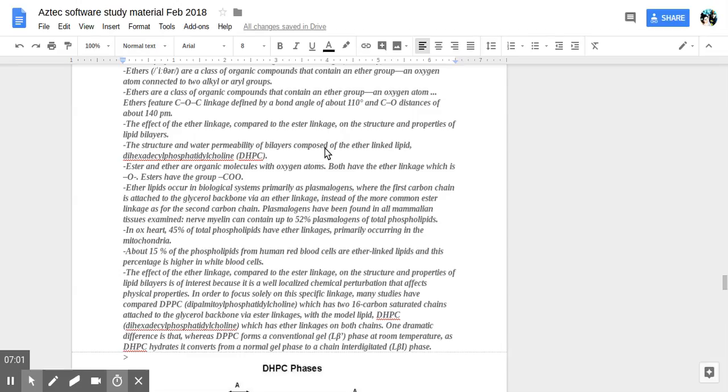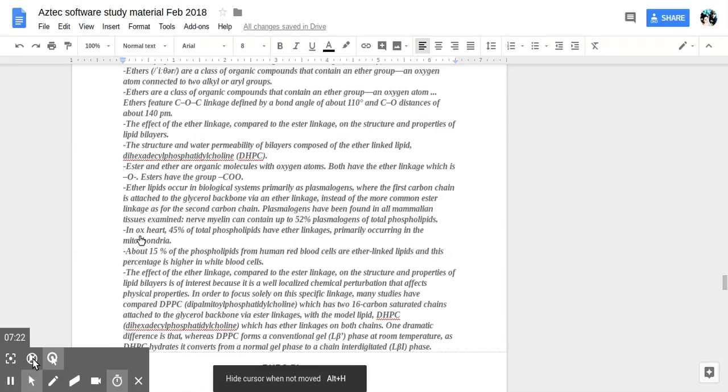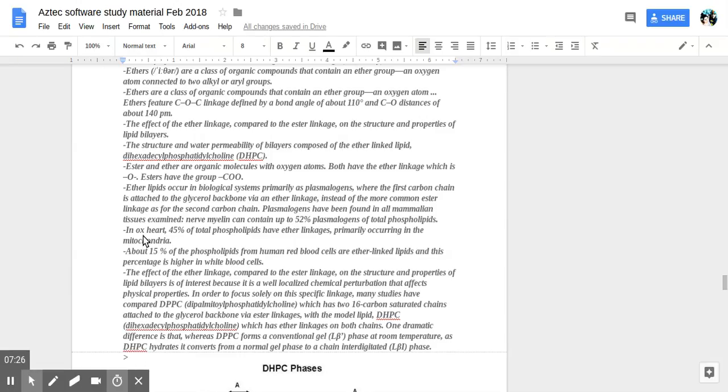Ethers feature a carbon-oxygen-carbon linkage defined by a bond angle of about 110 degrees and C-O distances of about 140 pm. The effect of the ether linkage compared to the ester linkage has been observed on the structure and properties of lipid bilayers.